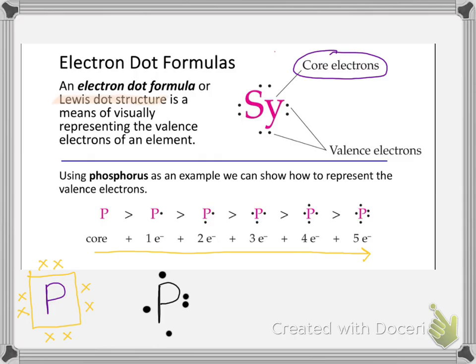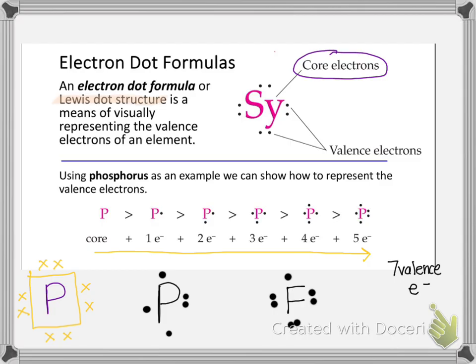Let's say I had fluorine, and fluorine is a halogen. It's in group 7A, so it has 7 valence electrons. If I'm following how your book does the electron configurations, it would go 1, 2, 3, 4, 5, 6, 7.